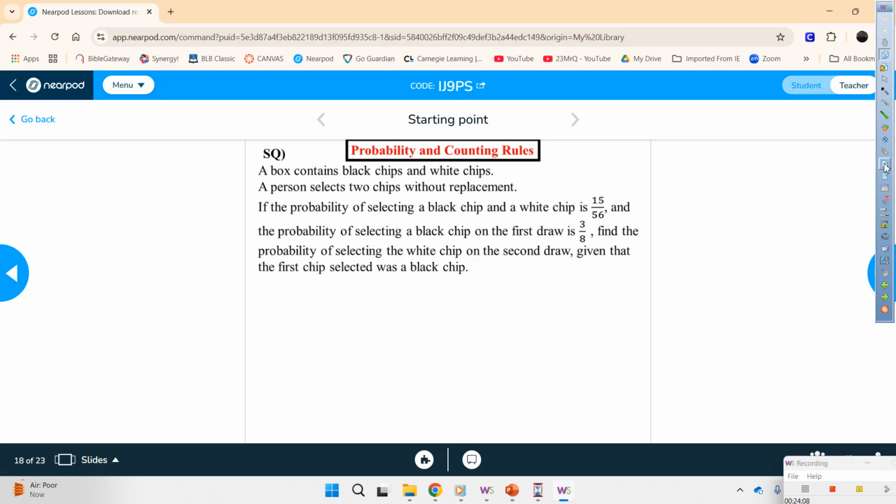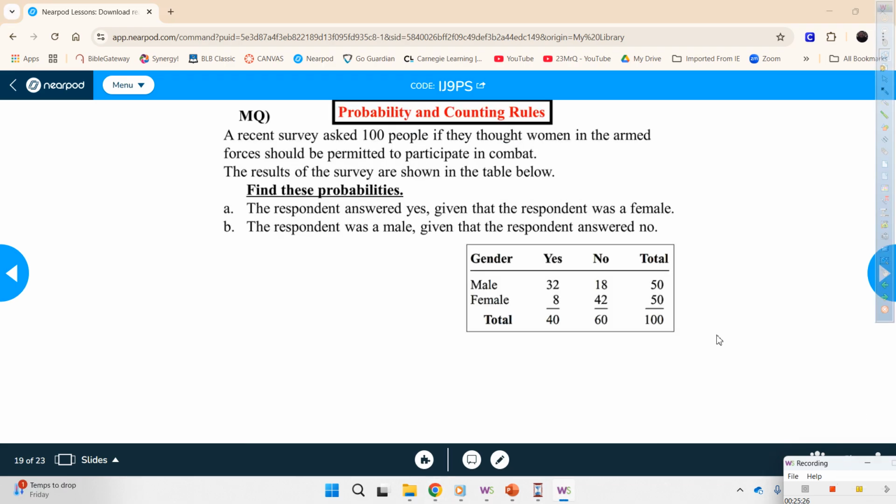All right, send me your notes, please. Example: Matthew reads, a recent survey asked 100 people if they thought women in the armed forces should be permitted to participate in combat. The results of the survey are shown in a table below. So copy the table, please, only.